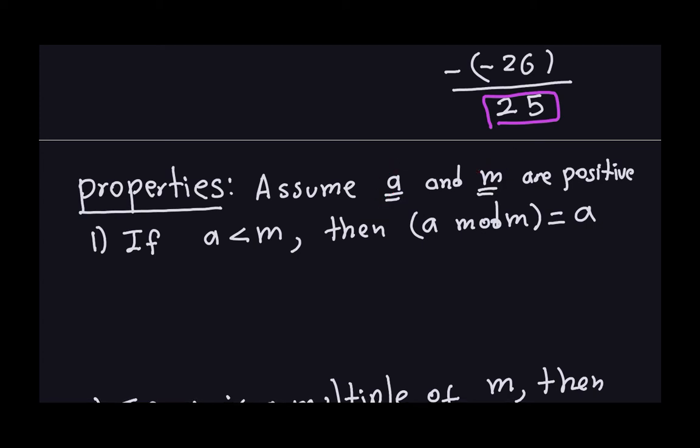Now, if you have that a is strictly less than m, then a mod m, the remainder of a divided by m, is exactly a again. You can check that with some examples. For example, let's say I have 2 mod 3.